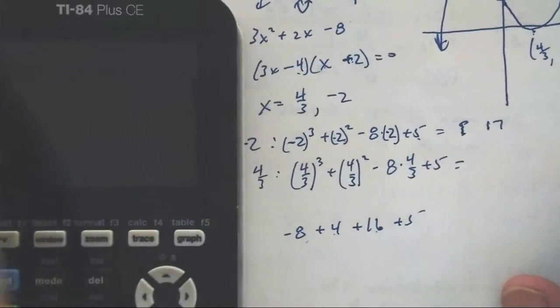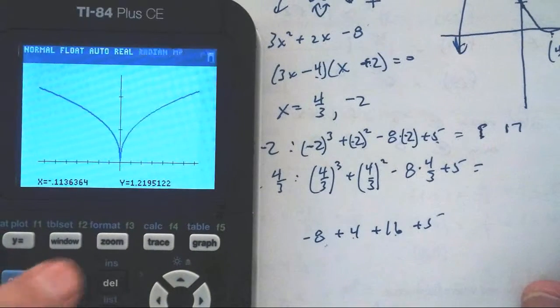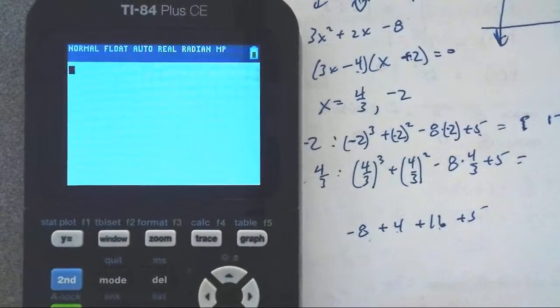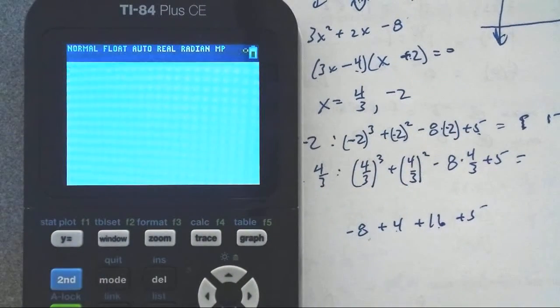I know all of you would like to work out with the fractions, so you can go ahead and do that on your own. Second, quit, clear this, and we're just going to go 4/3 to the 3rd, and we'll change this back into a fraction when we're done.